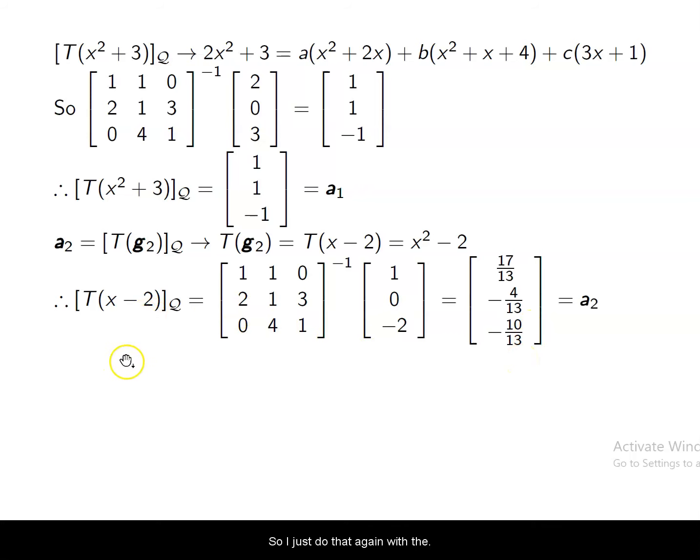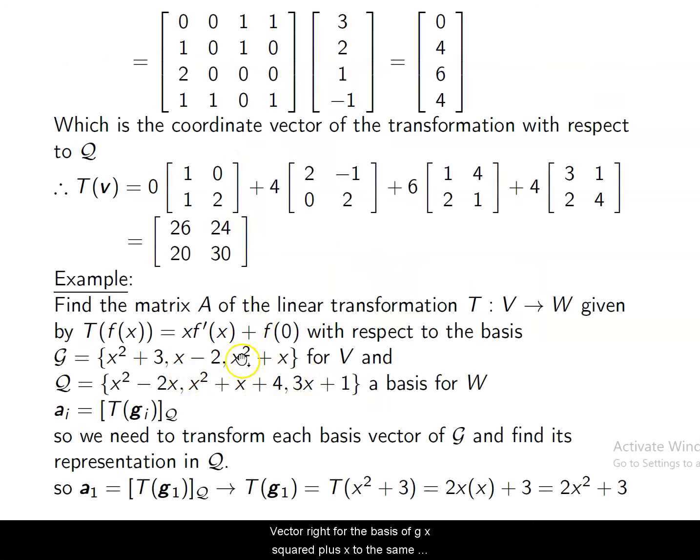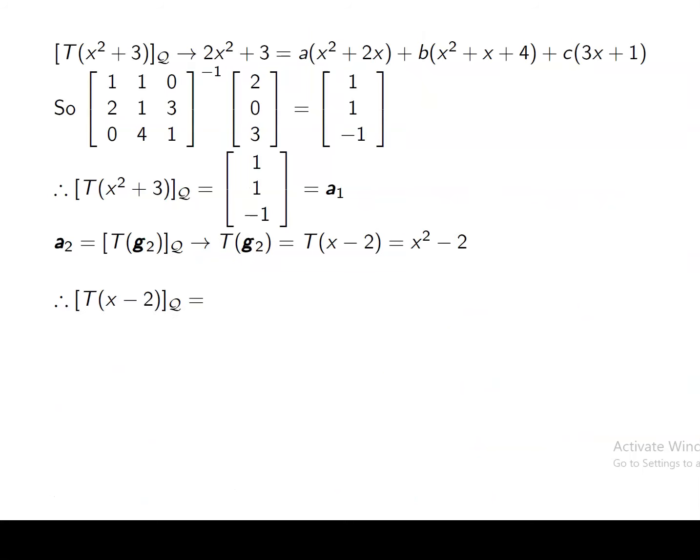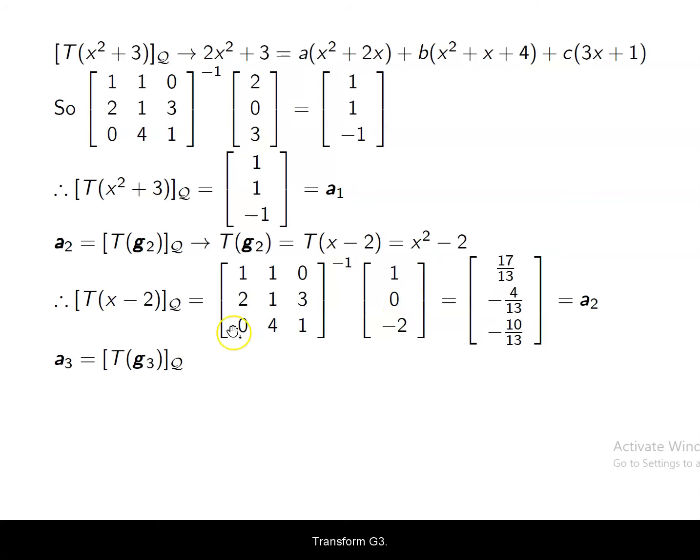So I just do that again with the third vector, right? For the basis of G, x squared plus x. Do the same thing, take the derivative, multiply it by x, evaluate at f of 0, then write it in terms of this representation, right? So a lot of it is the same. Okay, transform G3. The transformation of G3 is the transformation of x squared plus x. So take the derivative, which is 2x plus 1, multiply that by x.